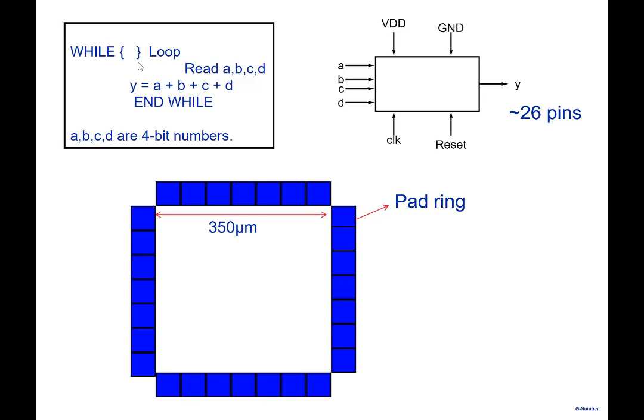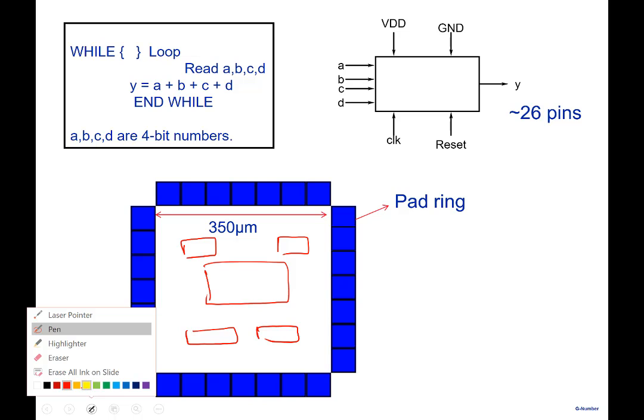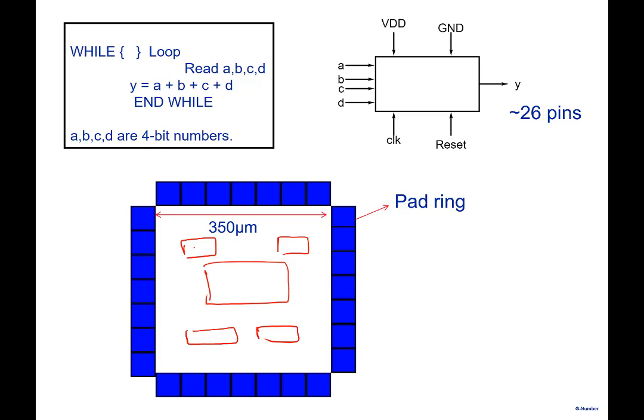So if you're wondering what this pad ring is, our IC is going to be here. And in our IC, let's say there's a register here, all kinds of things may be there. So eventually what happens is these registers that you see here are all connected to these pads here.